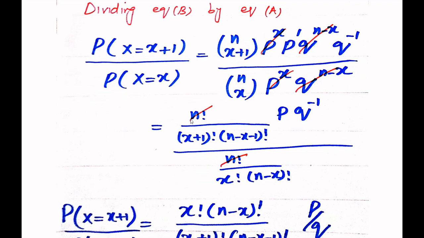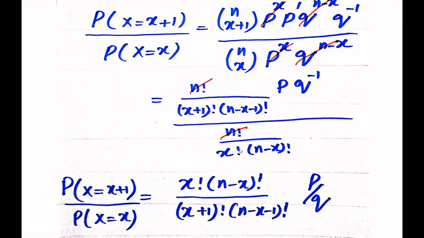Cancel this term with this term, and inverting its position, we write it as x factorial (n minus x) factorial over (x plus 1) factorial (n minus x minus 1) factorial times p over q. Because here it is 1 over x factorial (n minus x) factorial, when we take this on the upper side, we invert it and it becomes according to this equation.